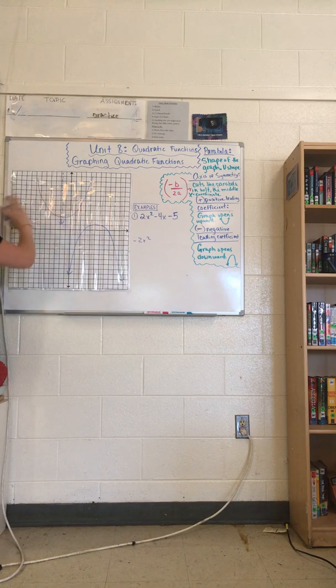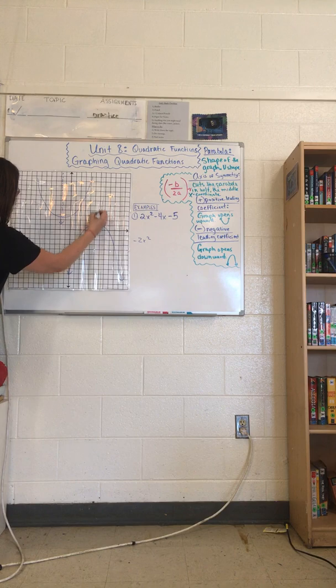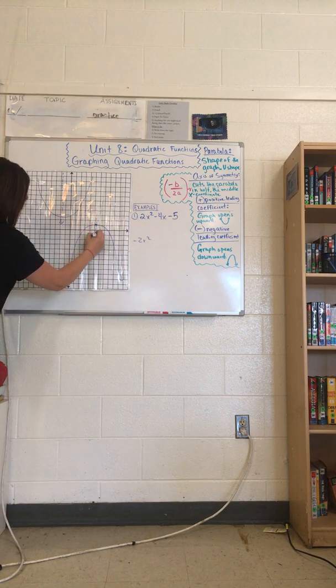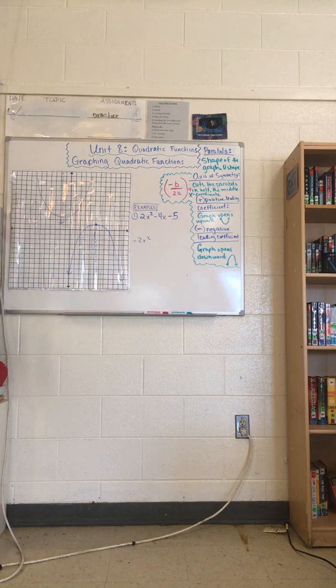As you can see, it cuts it in half. And down here, right about there, it cuts it in half, okay? So, what we're going to do is find the axis of symmetry using the equation, and then create a table of values, and then graph that table of values, okay?